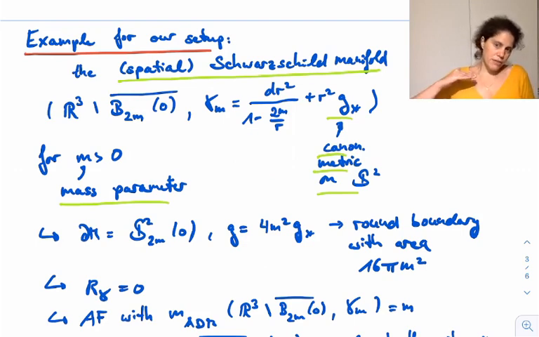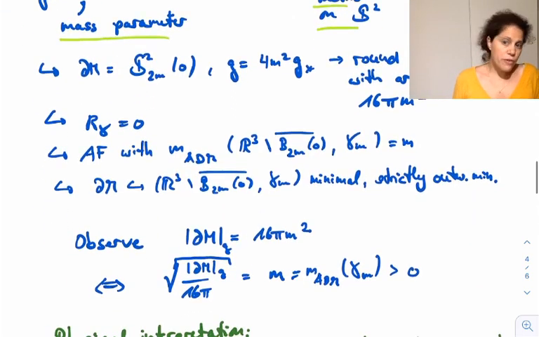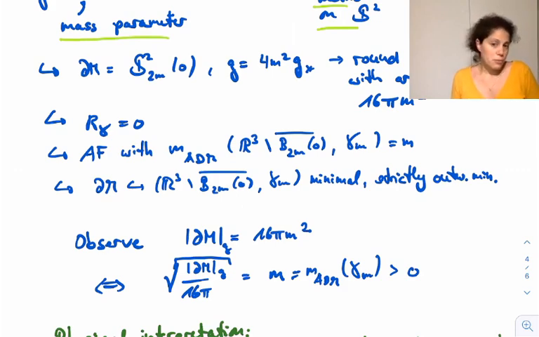The Schwarzschild manifold has vanishing scalar curvature, and it's asymptotically flat, with ADM mass being exactly this parameter m in the metric. So in particular, it's positive. Moreover, this boundary, as sitting inside our Schwarzschild manifold, is minimal and strictly outer-minimizing. And I told you to remember that the area of the boundary with respect to the induced metric g is 16 pi m squared.